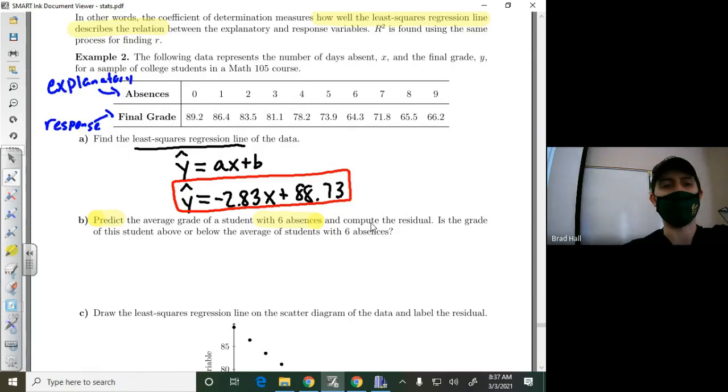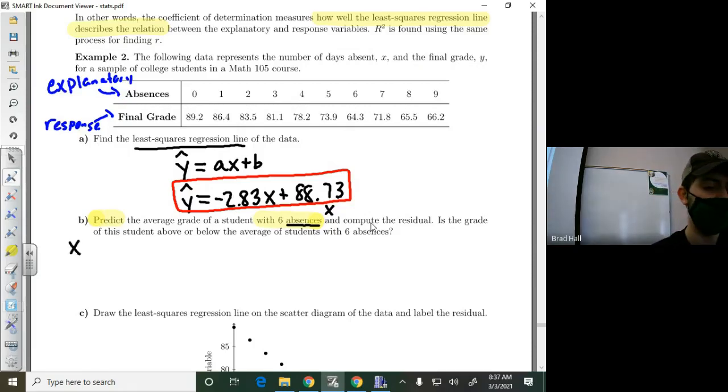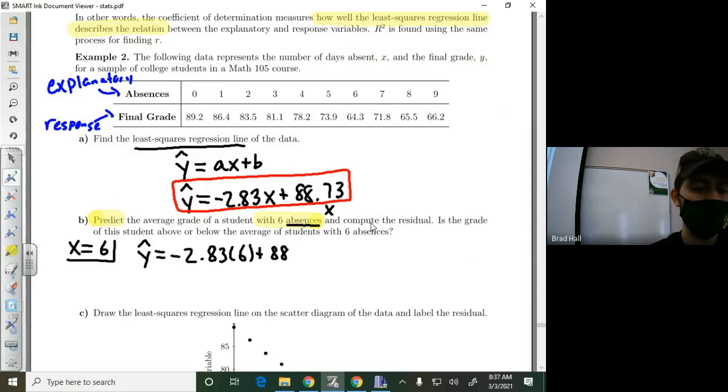So our absences, we ask ourselves, are the absences the X values or the Y values? Absences are the X. So they're telling us that X is equal to 6, the 6 absences. Negative 2.83 times 6 plus 88.73.